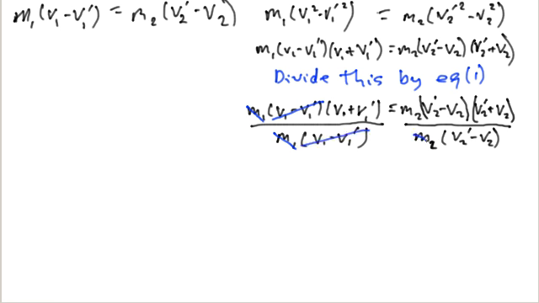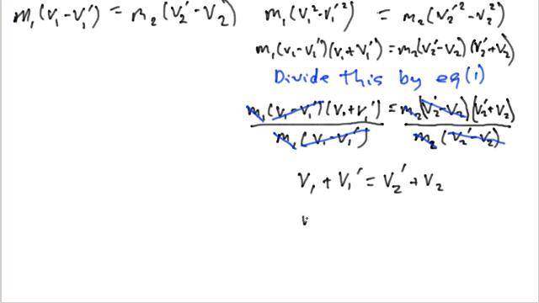Over here, the m2's cancel, and this difference cancels. So I'm left with v1 plus v1 prime equals v2 prime plus v2.